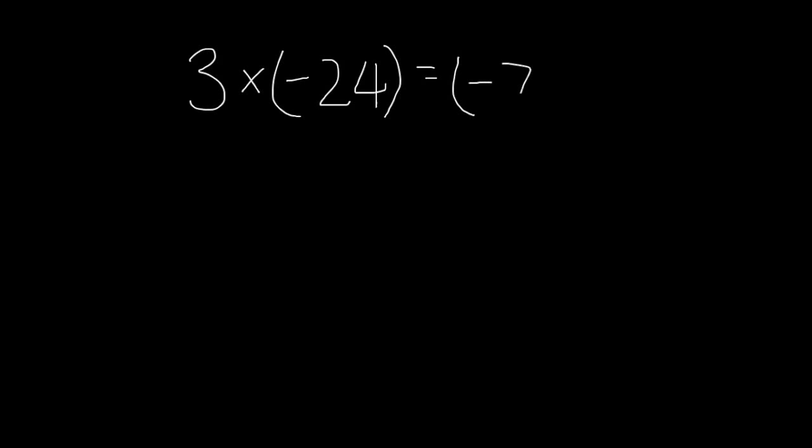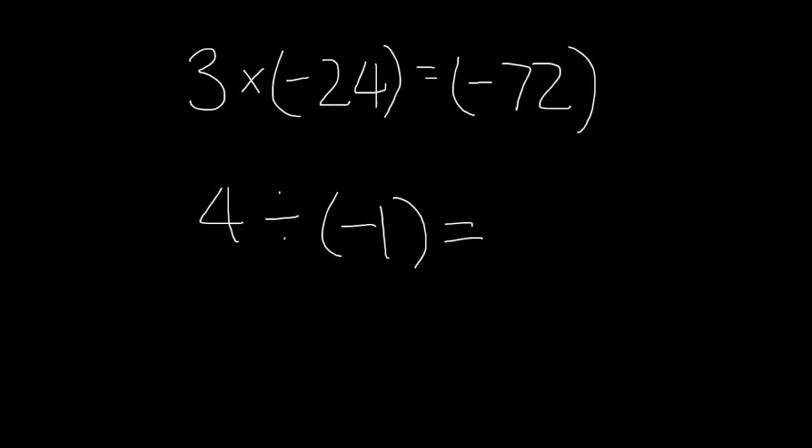Did you get it? Next, we have division. So, what is 4 divided by negative 1? This one's easier. And the answer is negative 4. Did you get that one?